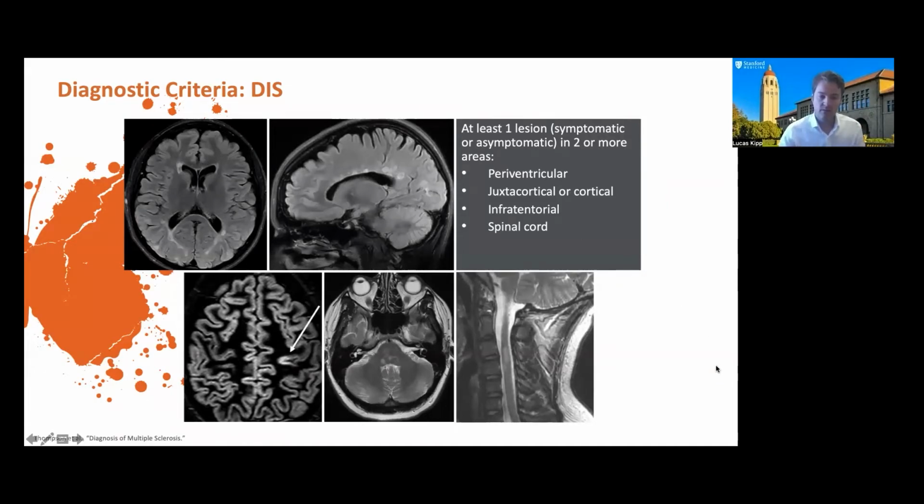Now, you'll find that radiology reports often mention things that are periventricular. Rarely do they say juxtacortical or cortical. They might say more subcortical. And what I wanted to remind you of is that for the purposes of these diagnostic criteria, to make them more specific for MS, periventricular lesions, you've got to have one that is touching the ventricle, actually abutting the ventricle, such as here.